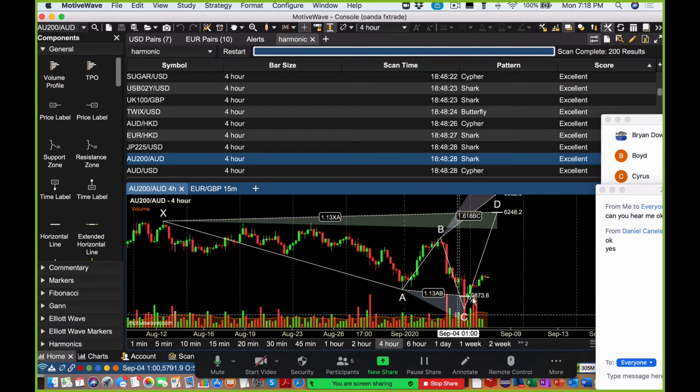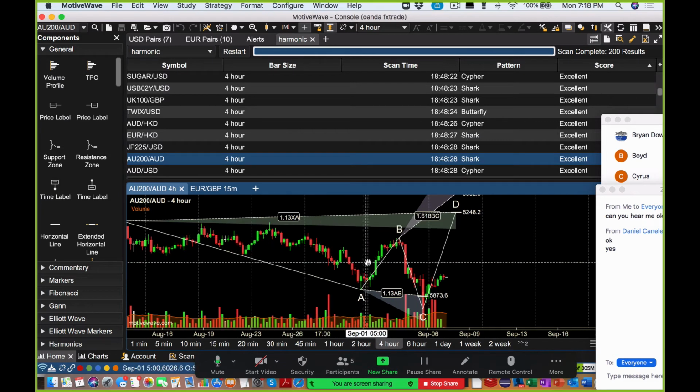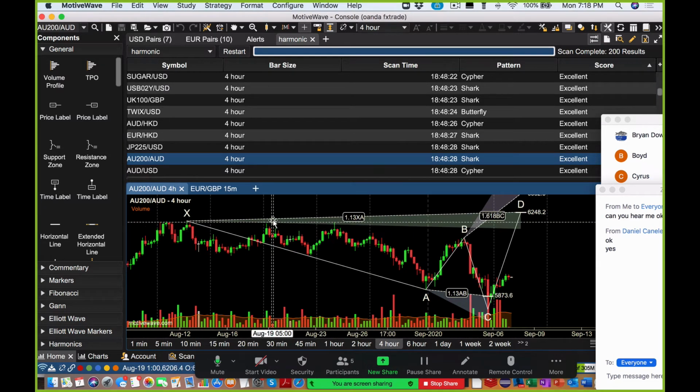From my perspective, I'm trying to build the logic around why this would happen. I haven't really been keeping up to date with what's happening in Australia, but sometimes I'm just playing on pure price, and one of the lazier ways I've done it is using these harmonic scans. And this one's proving to be a long.